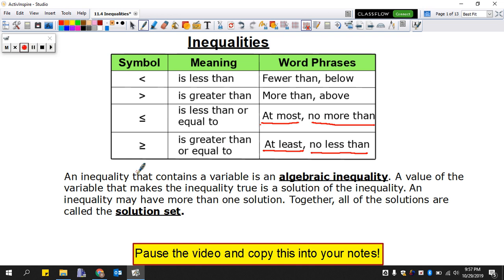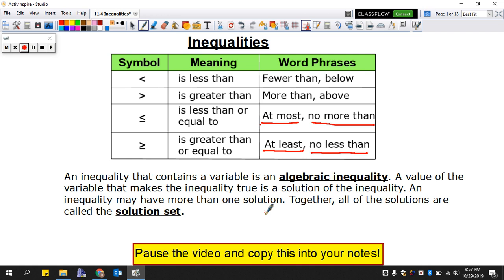So now, if we have an inequality that has a variable in it, that inequality is called an algebraic inequality. The value that makes that inequality true is what we consider the solution of that inequality. And an inequality can have more than one solution.